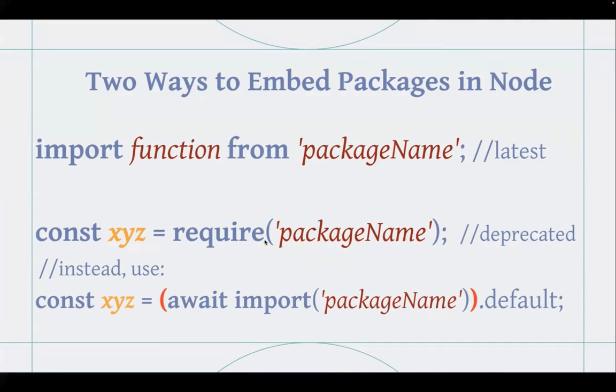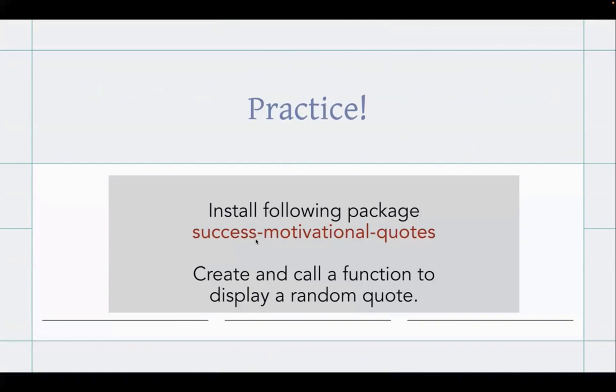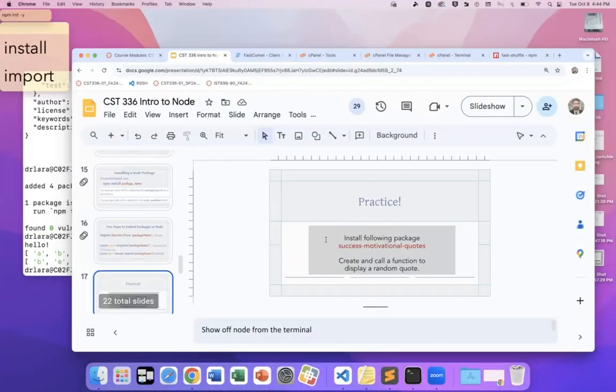All right, I will explain this again. Let us install now this package, success-motivational-quotes. We want to use and install this package to display a random famous quote or motivational quote. Okay, so first you need to look for the package. So this is the package.